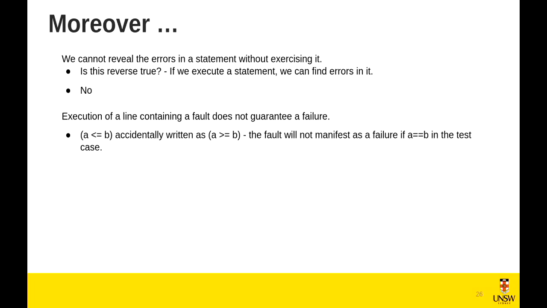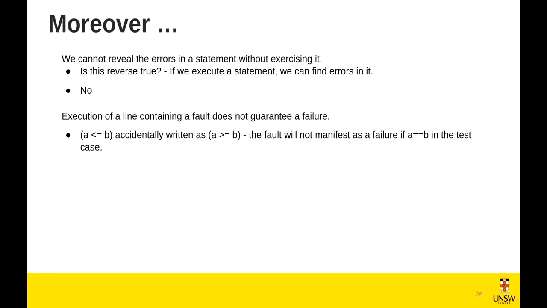Let's say we have a condition of A smaller than or equal to B. And let's say the programmer makes a typo and types smaller than or equal to into larger than or equal to. And this is an error. If the test case is written as A equals B, then we can pass the faulty condition here.